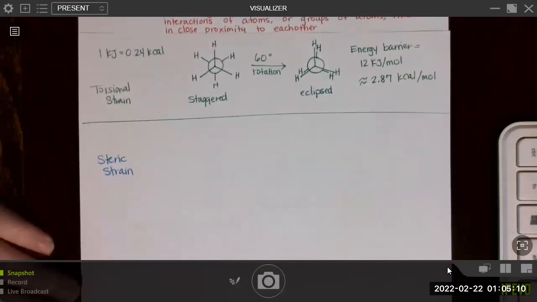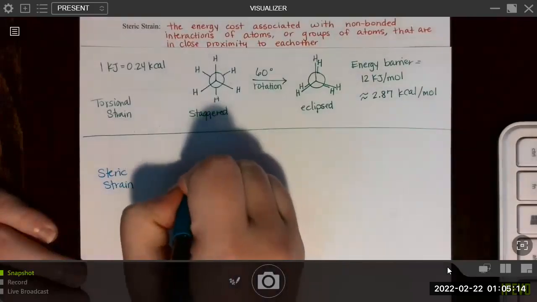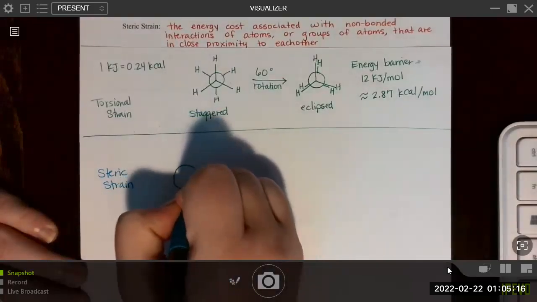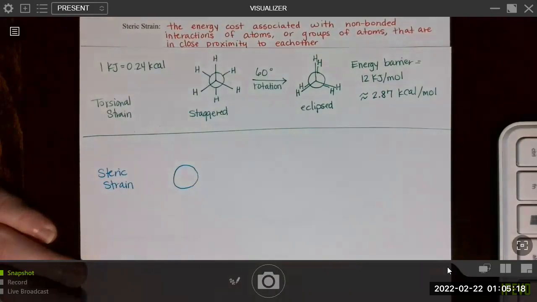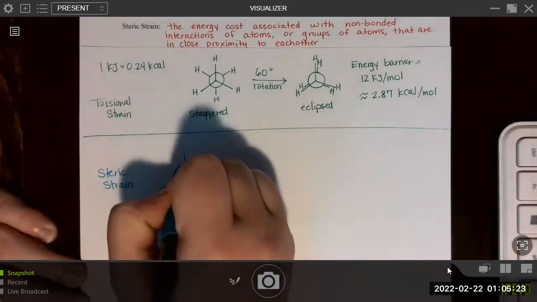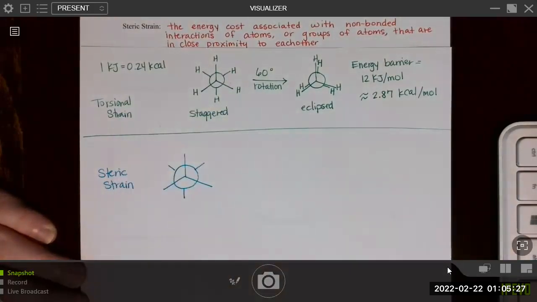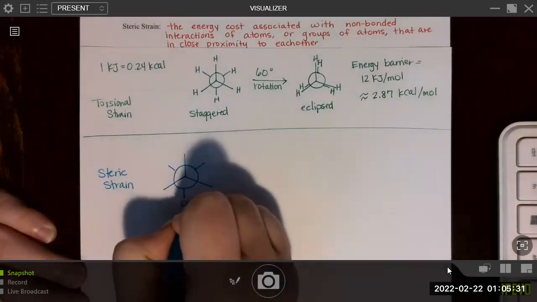So for example, let's do the gauche interaction. If we look at the staggered conformation of butane, we're going to look down the central carbon-carbon bond, and we'll have two methyl groups, right?